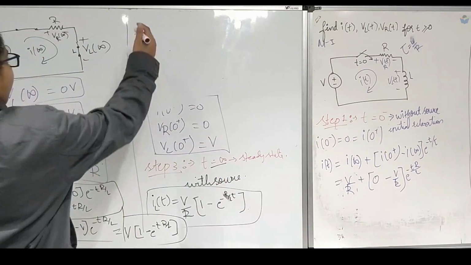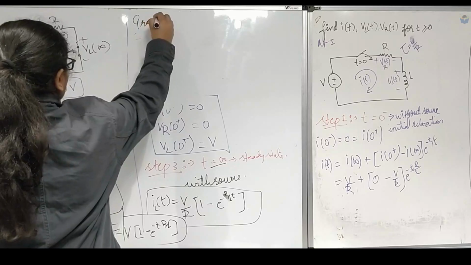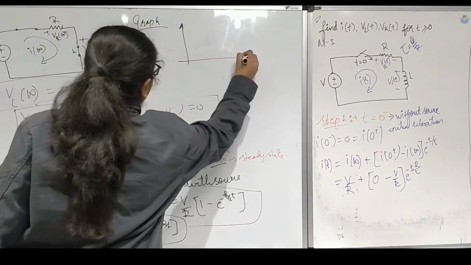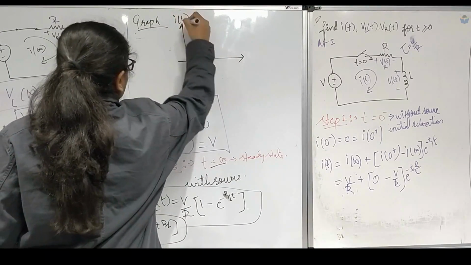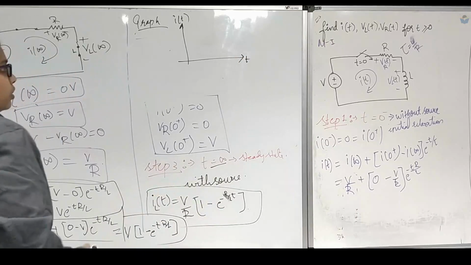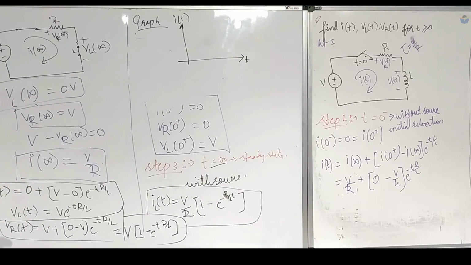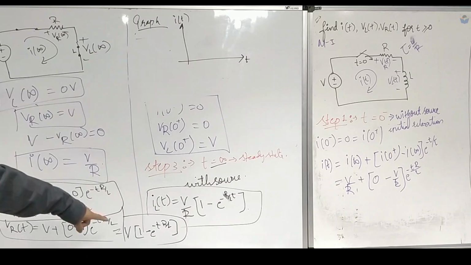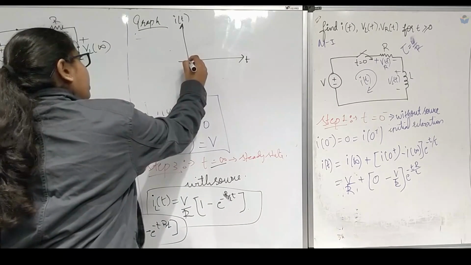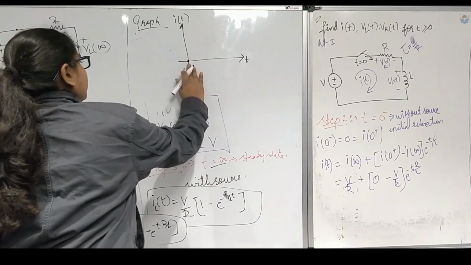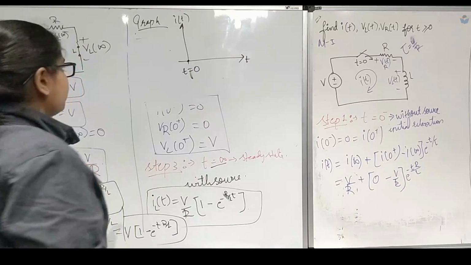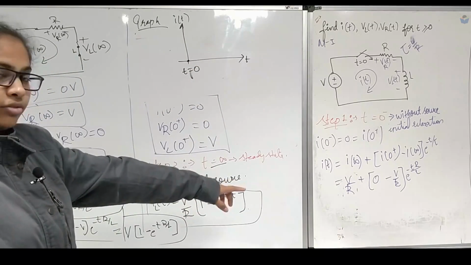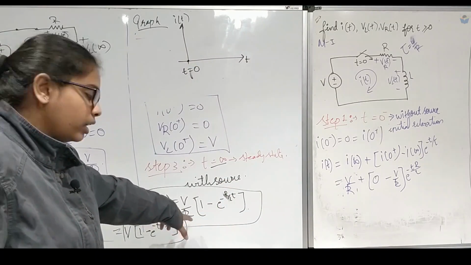So now we will see the graphical nature of this one. First we will take up I of t, okay, and this is the time axis. So for I of t, substitute 0. For 0, what you will get? You will get 0 only. This is t is equal to 0. Then when you substitute t is equal to infinite in this formula for I of t, what you got?